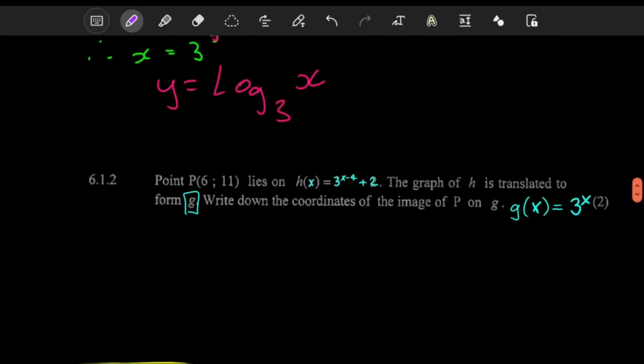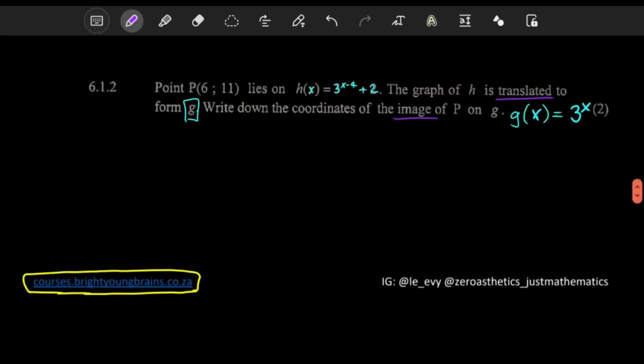But here it's just a 2 mark question, so we should not overthink it. The only annoying thing is you see words like translated, image and coordinates. When it's too much information, your brain glitches. But let's just keep calm.